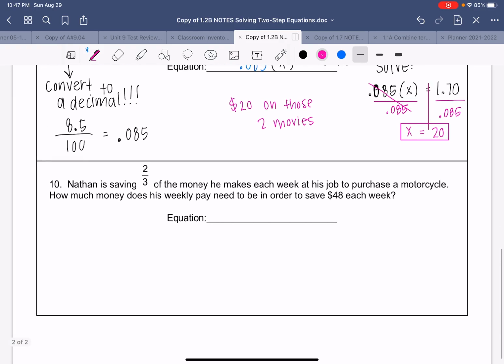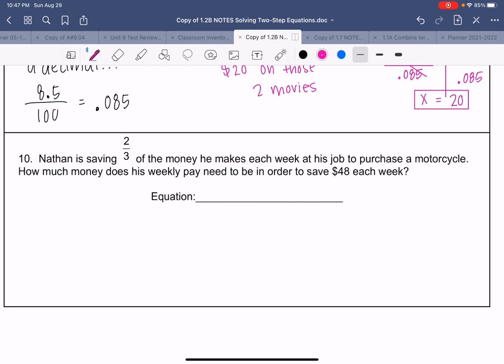All right. Last but not least, Nathan is saving 2/3 of the money he makes each week at his job to purchase a motorcycle. How much money, here's our question, our unknown variable, does his weekly pay need to be in order to save $48 each week? So if he wants to save $48 each week, this is my total.